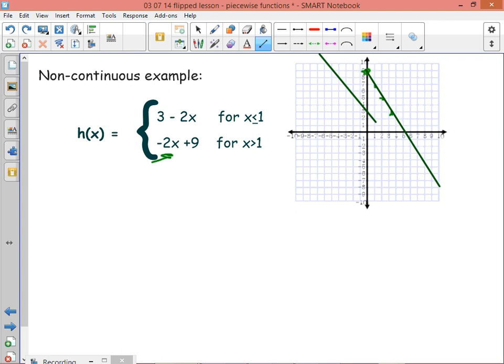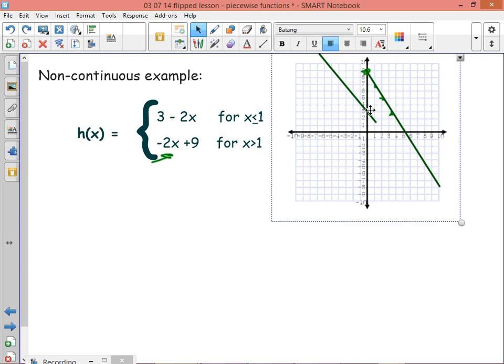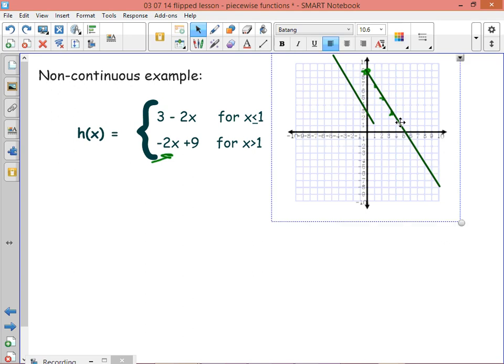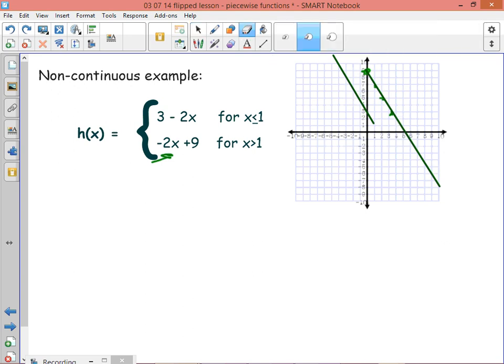I think I've messed up these because they should look roughly parallel because they have the same slope. So I think I've just messed this one up a little bit. I'm going to change it just so they look parallel. On yours, it's a little bit easier to do because I'm working with my finger here.